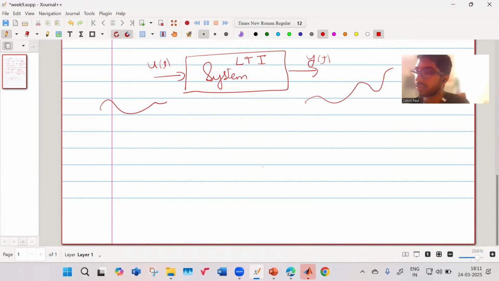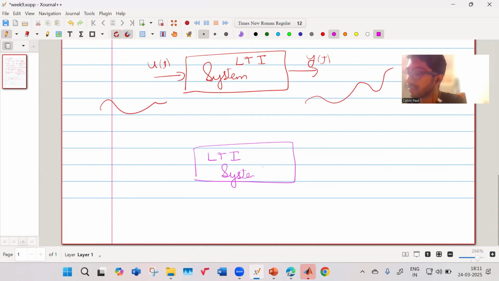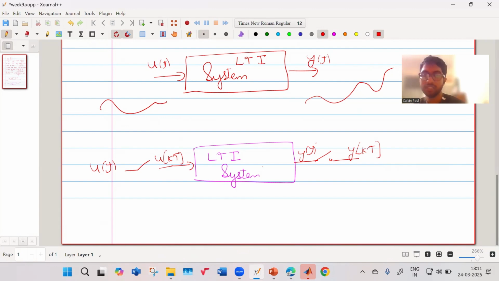Now let us consider a case for a sampled data system. You still have a linear time invariant system, but the difference is over here: you have U of KT, you have a switch, and this is your U of T. Similarly, you have a switch, this is your Y of T, and this is your Y of KT.